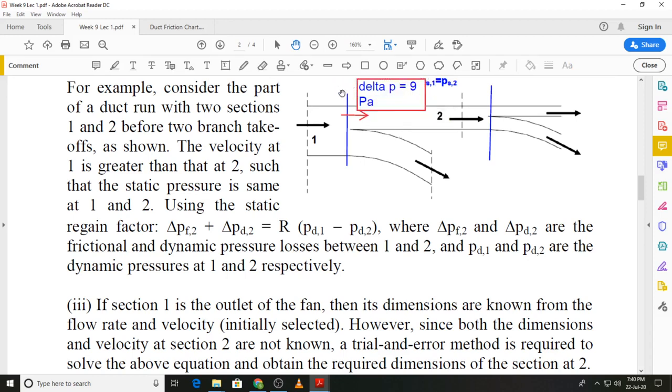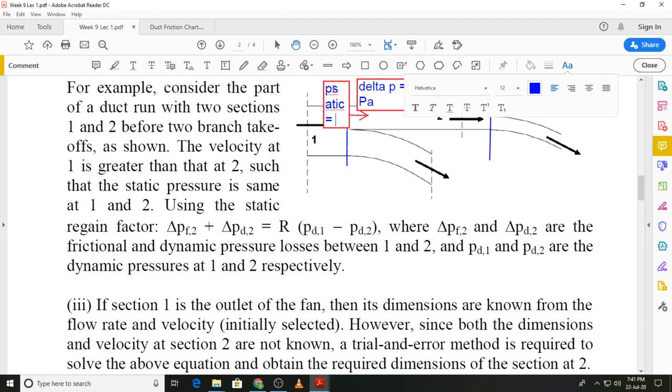We have a static pressure which increases from 50 to P static equal to 59 pascals.